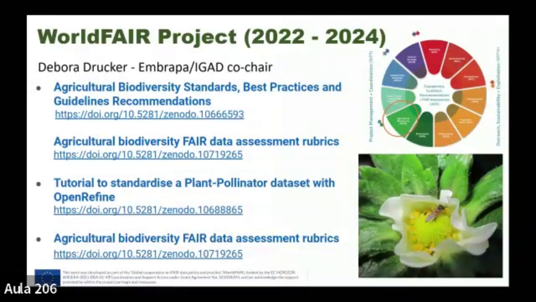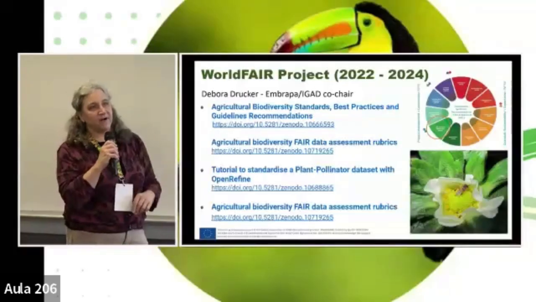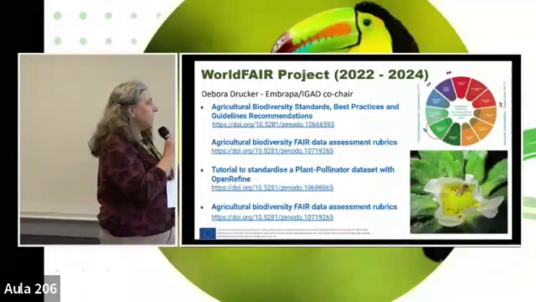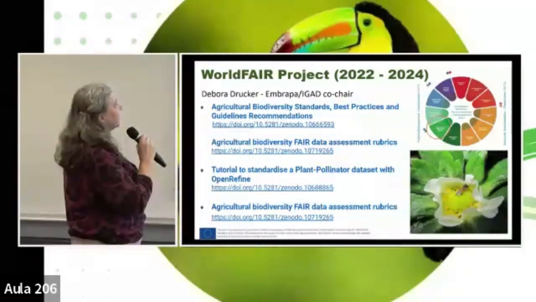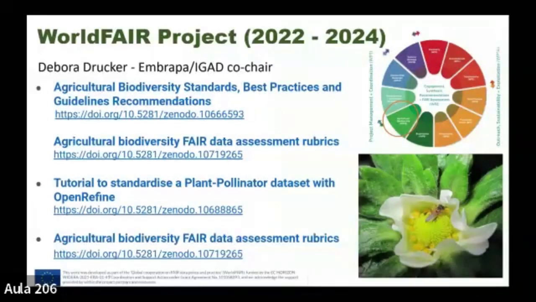The big thing that we've been focusing on the last few years has been a WorldFAIR project. This is a European Union funded project that involved collaborators from around the world to work on plant pollinator data standards and think about how the data of this nature can be made more FAIR. And so that was a huge amount of work. My colleague, Deborah Drucker from Brazil, was a PI on that project, but it was part of a larger project with many other domains of data.